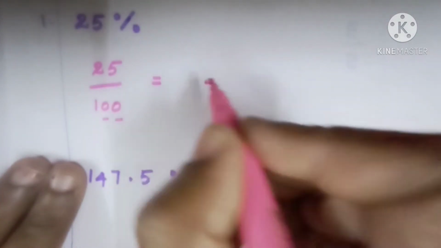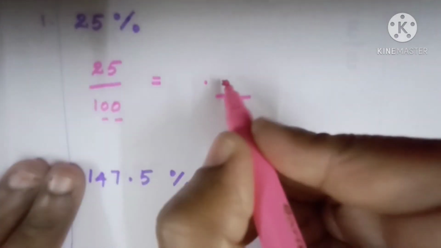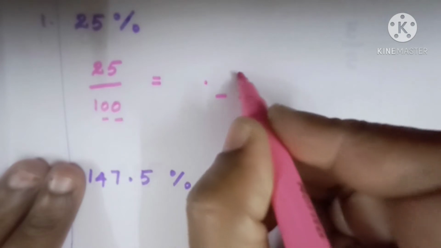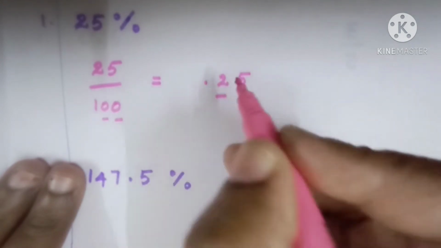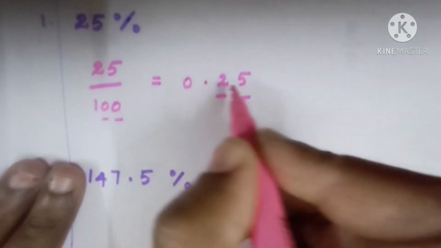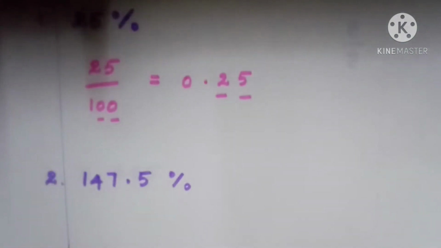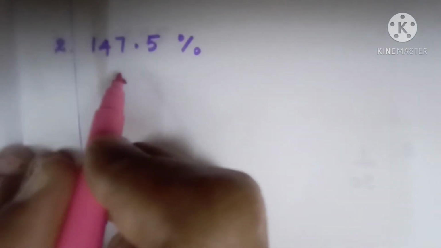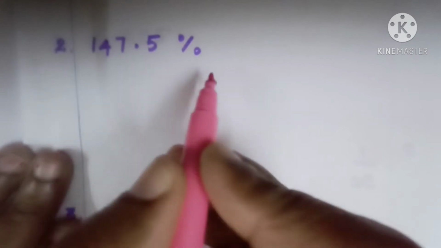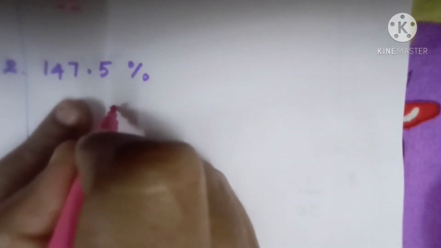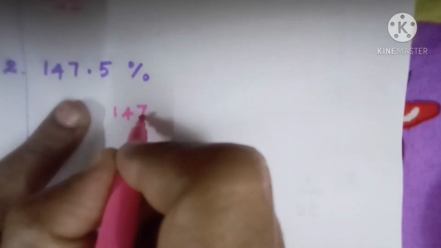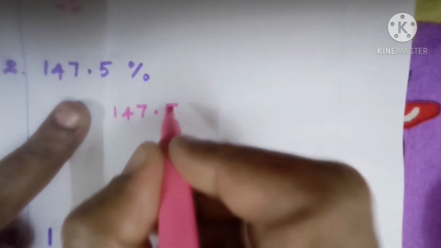So we have 2 decimal places. 25, so put 5 and 2. 0.25. 147.5 percentage. 147.5 divided by 100.